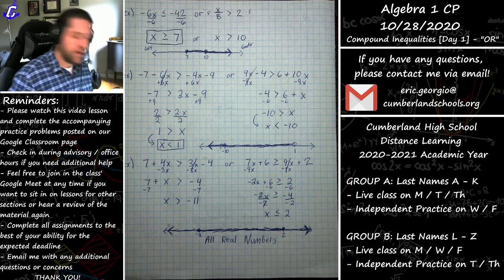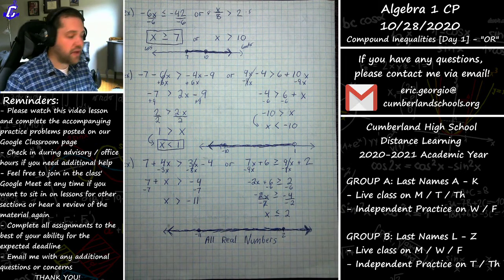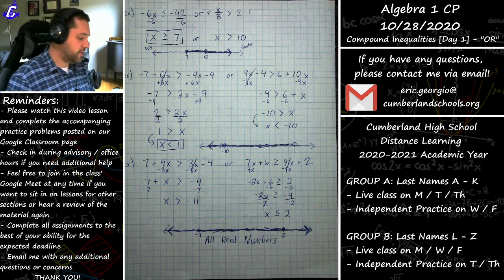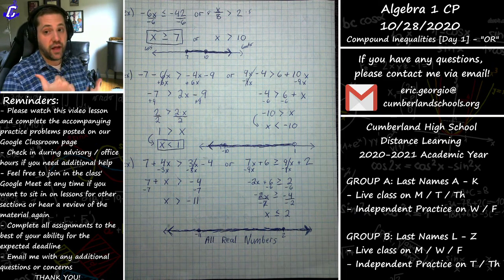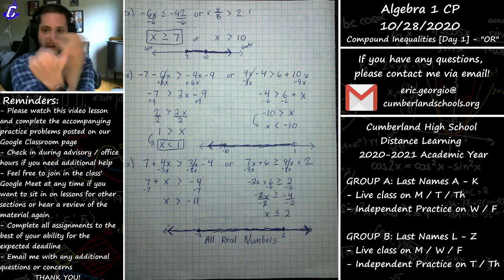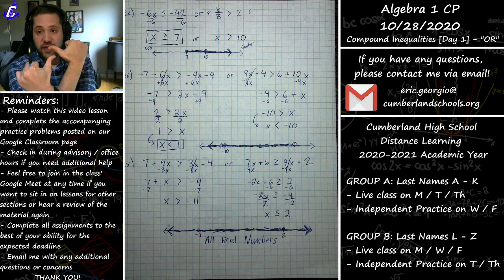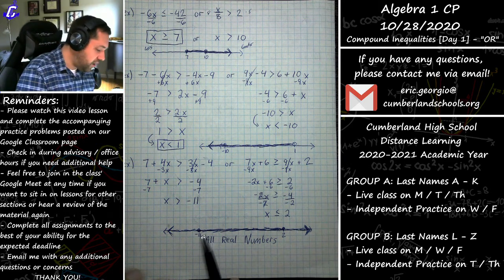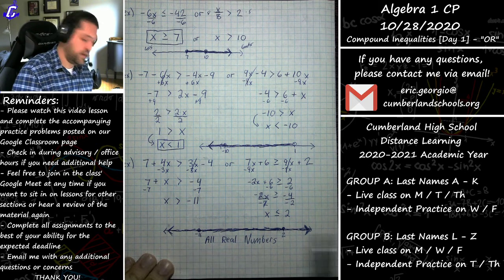Okay? So when dealing with compound inequalities with the word or, it is possible to get a solution of all real numbers if your inequalities happen to go in opposite directions and they overlap. Because then you'll be shading forever this way, shading forever this way, and you'll include all of that overlap in the middle. So it's literally the whole number line.